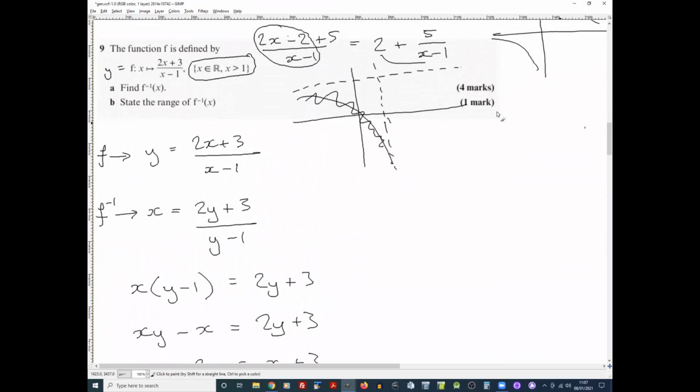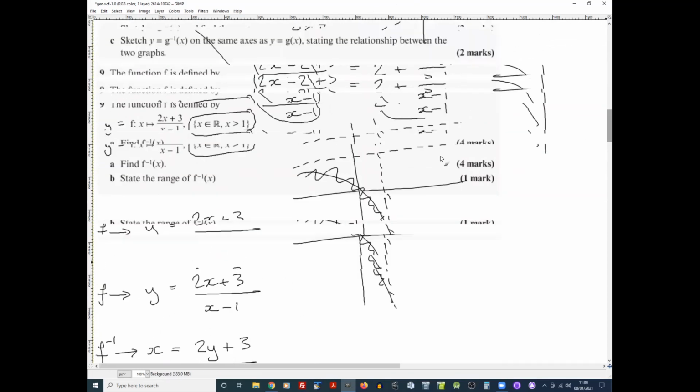And by the way, by thinking about the graph, we did state the range of f, didn't we? They didn't ask us to, but we can say the range of f was, oh gosh, where did the scaling come in? It was a sequence of 3 transformations.